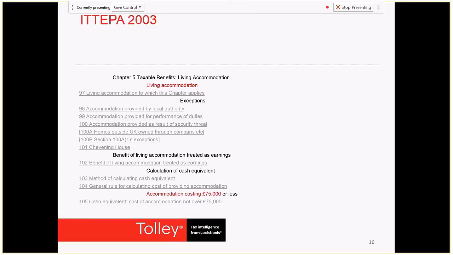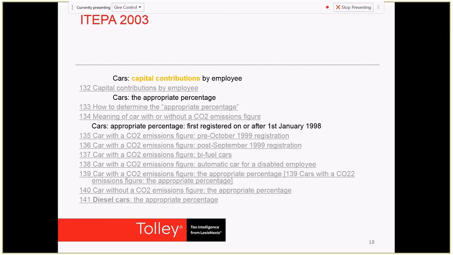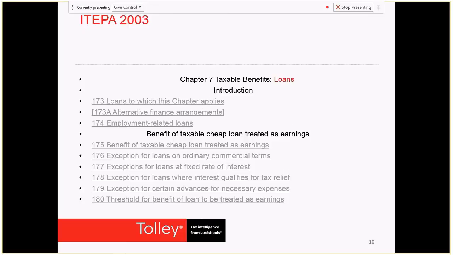Do you remember that one? Expensive accommodation. Cars, vans. So contributions. I've done this in yellow because this is to remind me that if they make a capital contribution towards having the car provided, I can take that off the list price, yes? So it's just a sort of memory jogger in case it's the sort of thing I might forget.